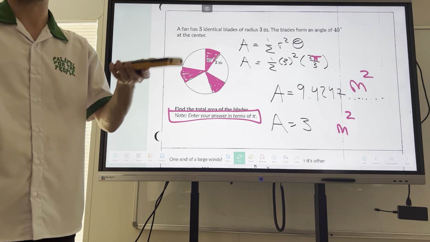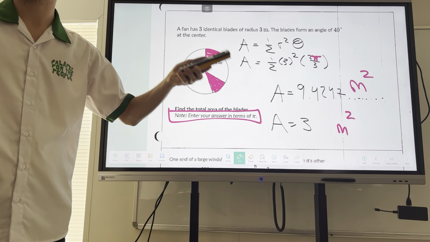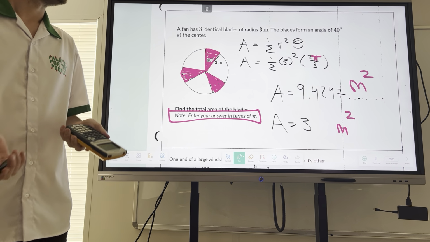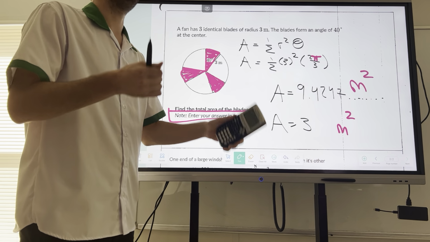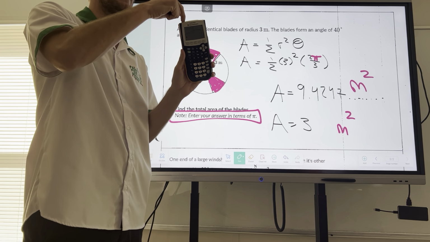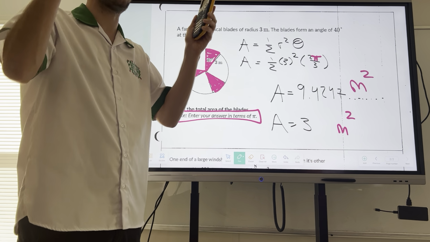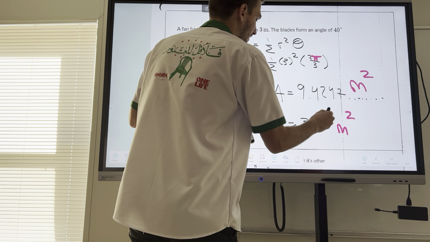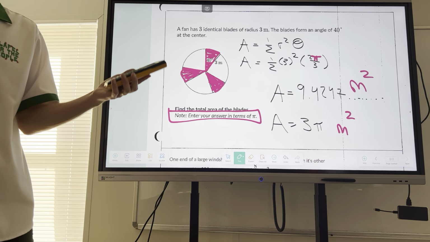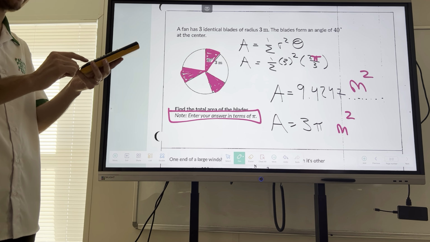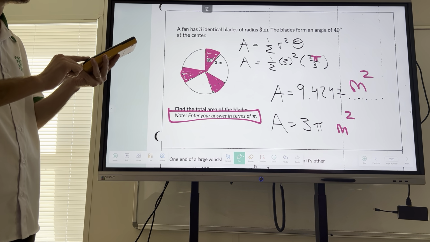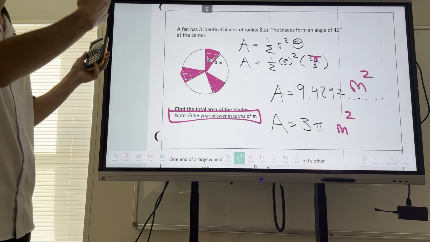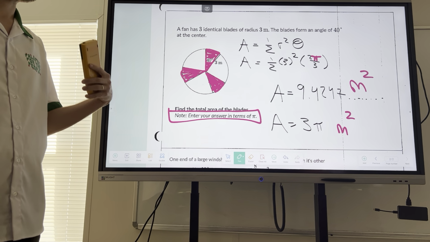The area cannot be 9.4 and 3 at the same time. This 3, remember we did not type the pi, which means the pi hasn't been used yet, which means we just put the pi attached to the 3. If you go on your calculator and you type 3 pi, guess what you get? 9.424, like before.